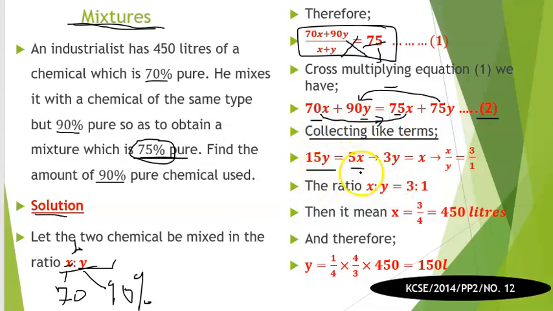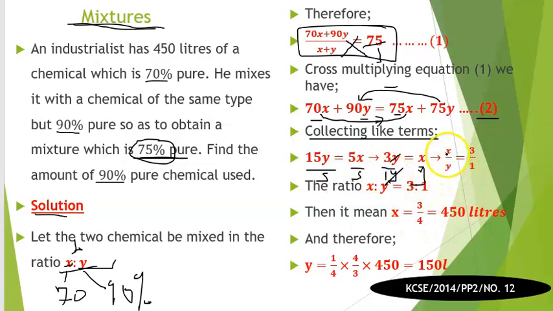Then I'll divide both sides by 5, which gives me 3y equals x. Then I'll divide both sides by y, so the y cancels, and I remain with x over y equals 3 over 1.